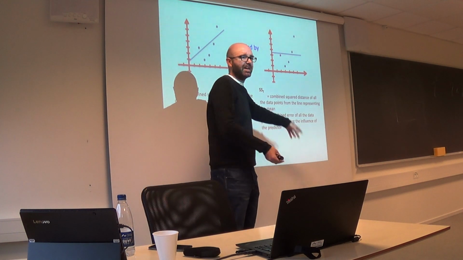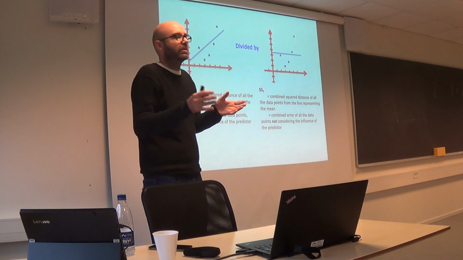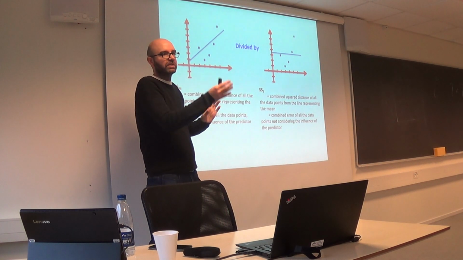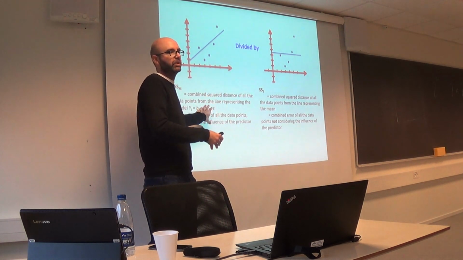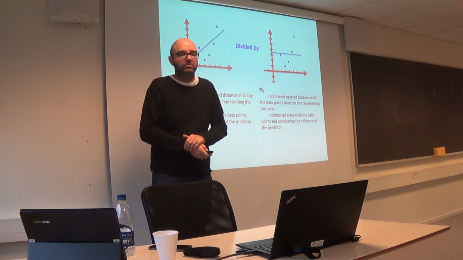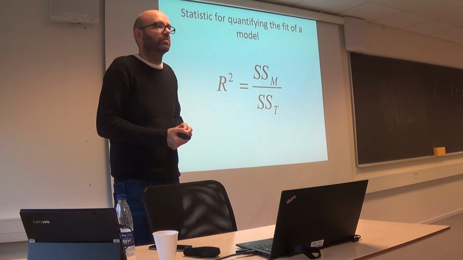How noisy are our data generally? So if we've got really, really cloudy data, it's going to be hard to find a really good model. But if we can find a line that fits reasonably well, we'll get a pretty good score. And that is called the R-squared value.